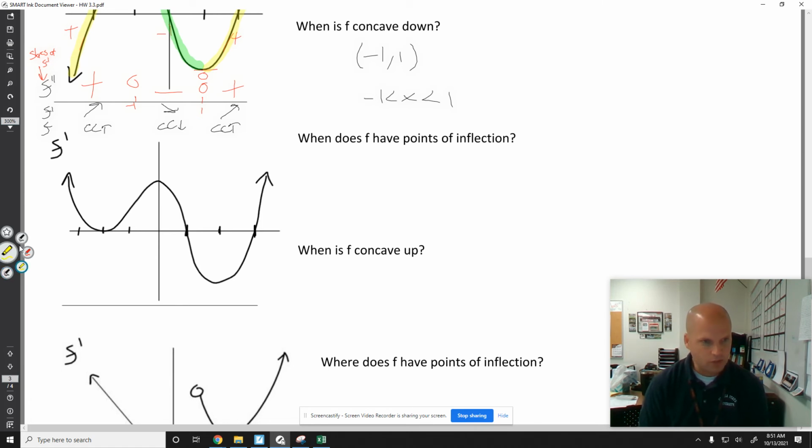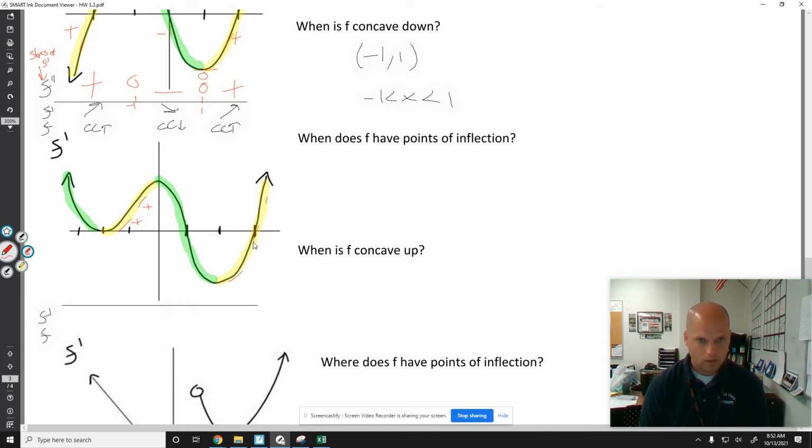I'm going to go straight to f prime increasing or decreasing. I will confirm with the signs of the slopes. Boom, concavity. Here's f prime going up. Here is f prime going down, where I've shaded in yellow, slopes are positive.